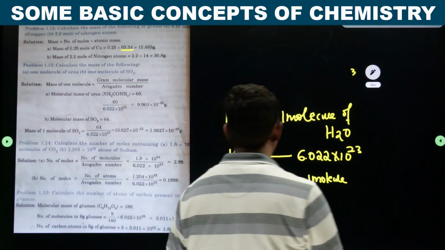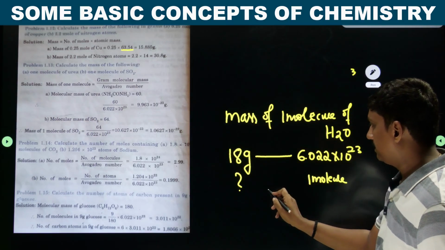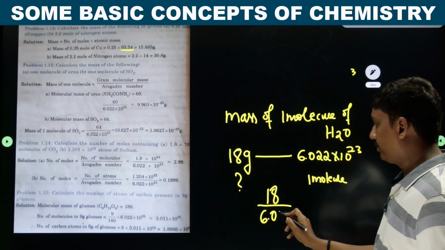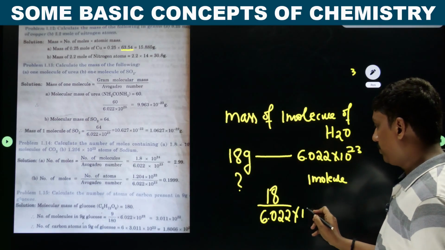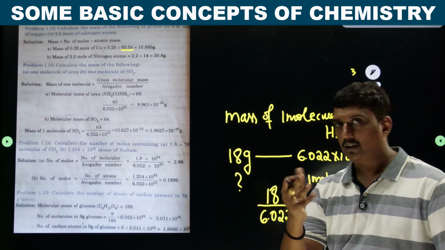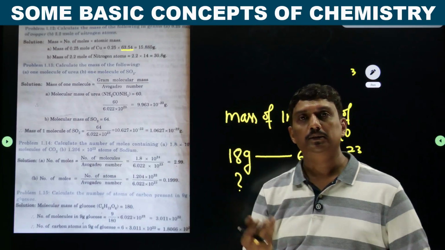Same like that, 18 divided by 6.022 into 10 to the power 23. If you calculate, you will get the value. So is it possible to make it into a formula? Yes.